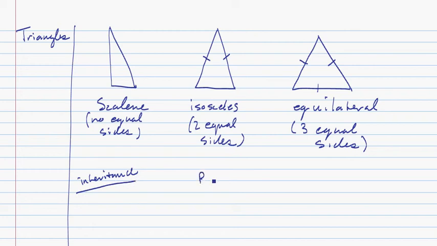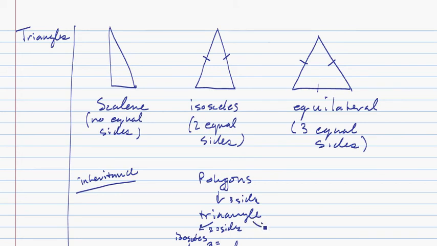So if you start with polygons, there's a special polygon called a triangle. And what we do there is we just require 3 sides. Once you have 3 sides, you have a triangle. Then, if you require that you have 2 equal sides, then you have an isosceles triangle. So you're getting more specific as you go down. And then if you have 3 equal sides, then you have equilateral.